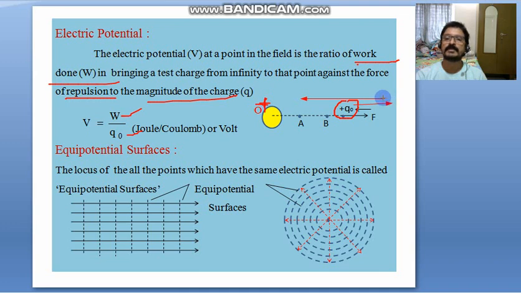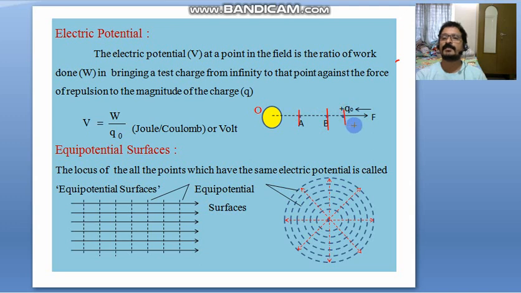That work divided by the magnitude of the test charge gives us the electric potential at that point. The electric potential varies from point to point. So we have one electric potential here and another electric potential here. Everywhere the electric potential varies with the distance, isn't it?